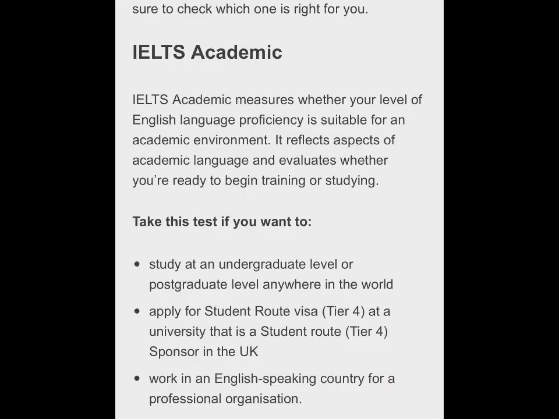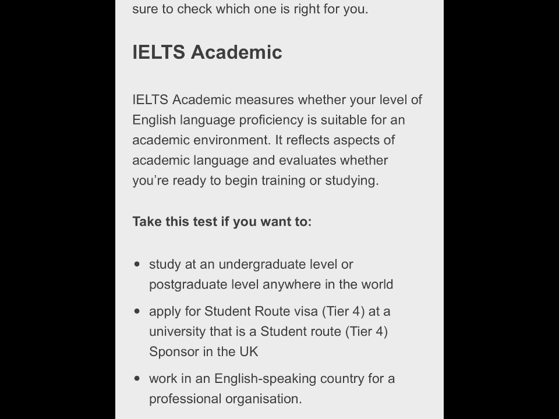Now, the difference is that the academic is majorly for academic purposes. That is for people that want to undertake undergraduate and postgraduate courses in foreign countries that are English-speaking countries.